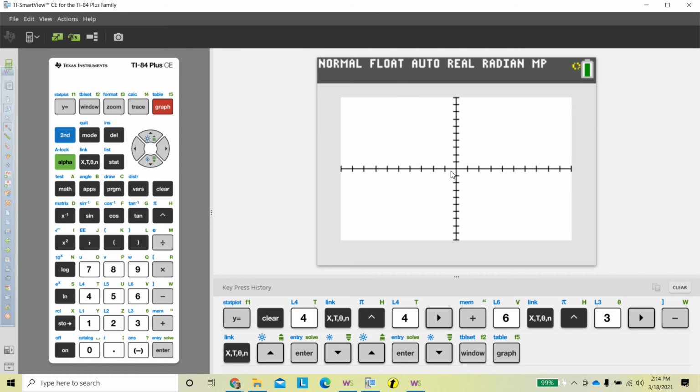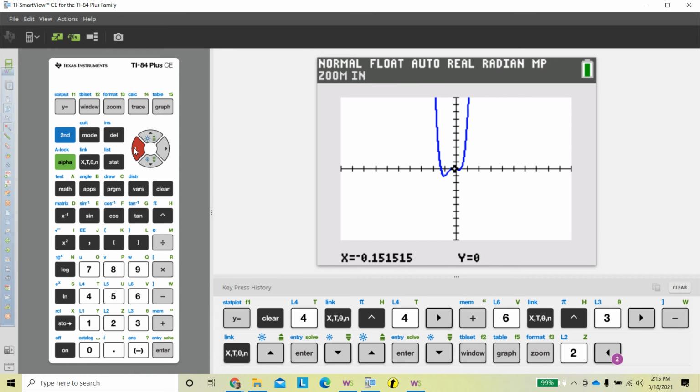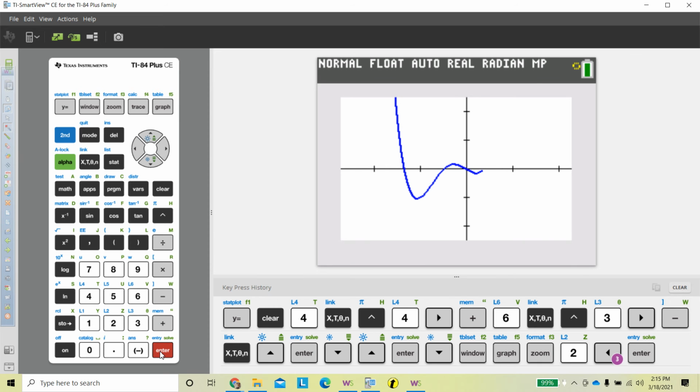So I'm going to zoom in. So literally hit zoom, number 2. That's zoom in. And then you can see my cursor right there, almost in the middle of the graph. I'm just going to move over a smidge. And then you have to hit enter so the calculator actually zooms in. And then it's much easier to get a min and max, right, because we're zoomed in like that.